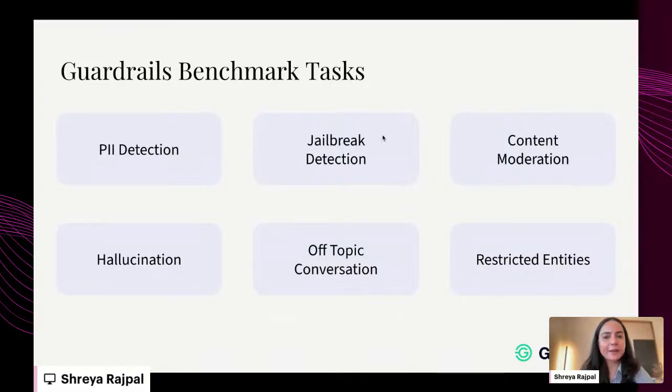So what we ended up doing is, especially because people talk about guardrails but never really talk about how performant they are, what the latency to expect is, how accurate they are, how many of the risks guardrails can really catch, we created 6 tasks which represented the most common tasks that we had seen on our open source guardrails hub as being the most popular tasks for which people use guardrails.